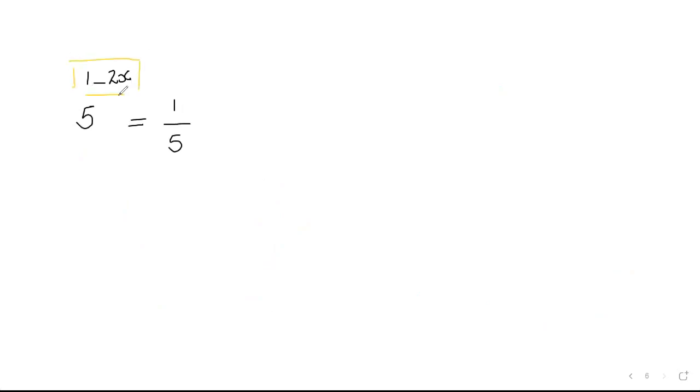The first step is to identify what you are dealing with, and that's an exponential function. As a strategy, we know that we have to do some manipulations from both sides so that the bases become equal.